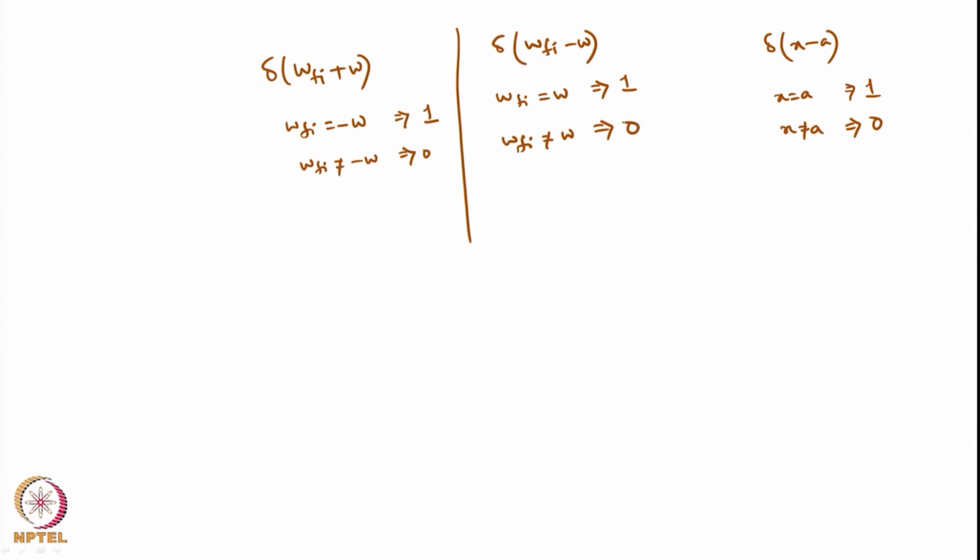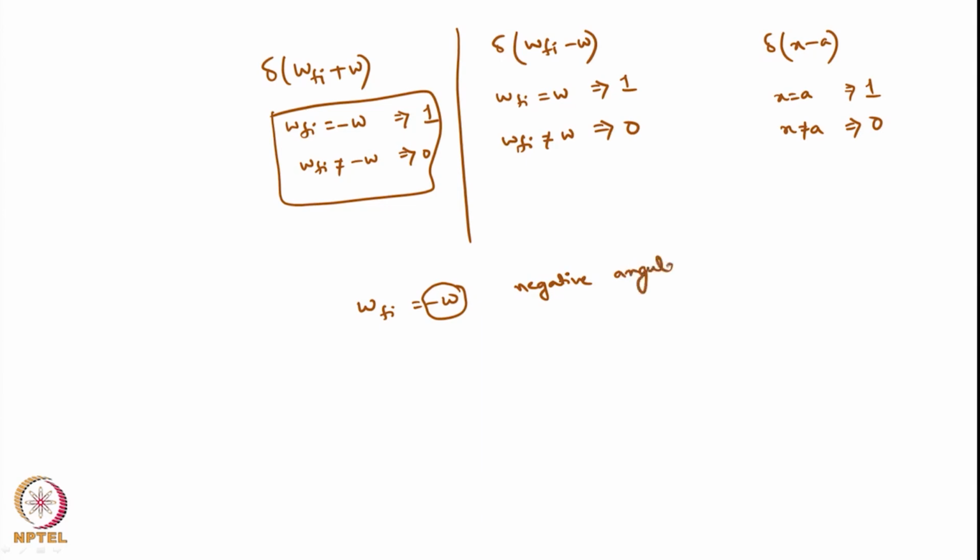Now there is one issue. What is this condition? Omega is angular frequency. How can angular frequency be negative? Here I am looking at a condition omega Fi is equal to minus omega, which means this has to be negative, and negative angular frequency does not exist.